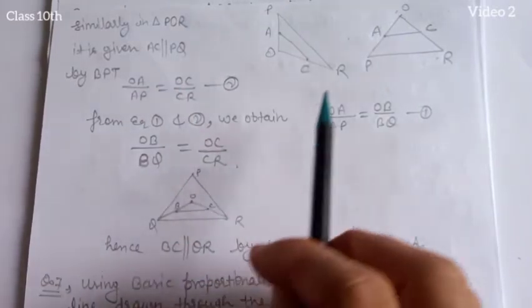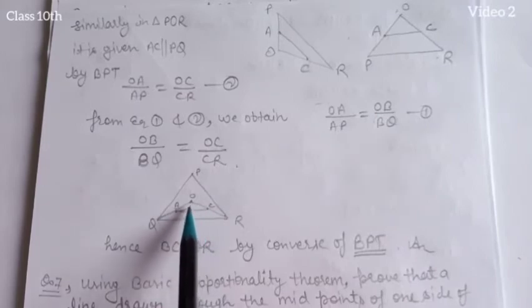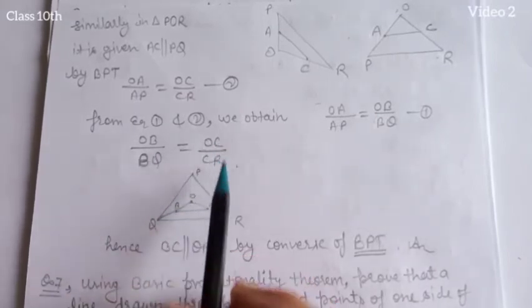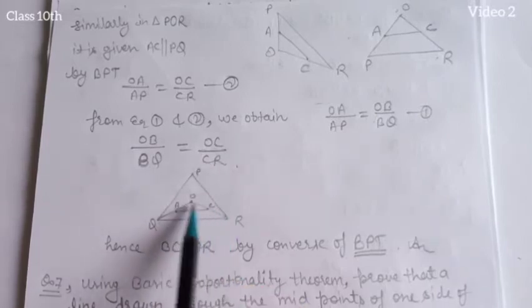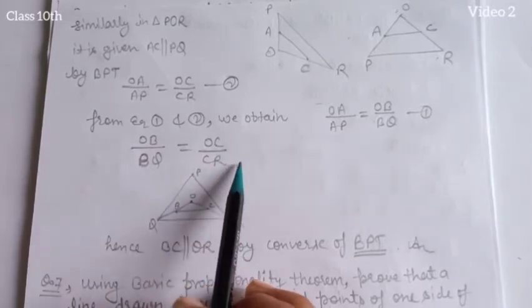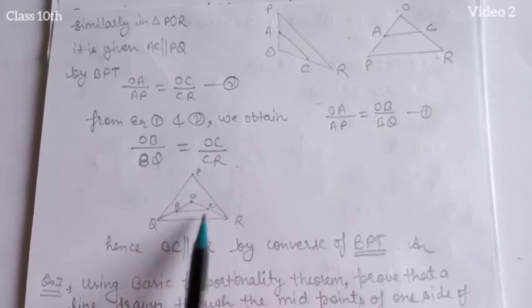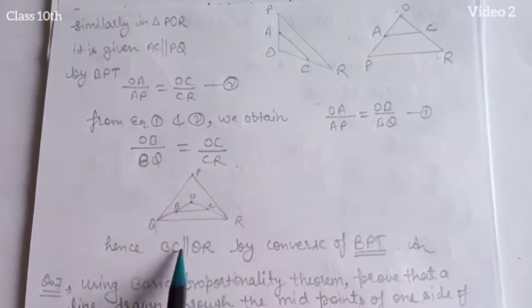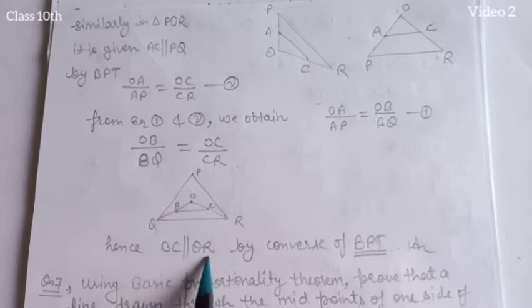If the ratio is equal, look here, OB upon BQ and OC upon CR, the ratio of the sides is equal, which means BC is parallel to QR. It is just the converse of BPT. So hence BC is parallel to QR by converse of BPT.